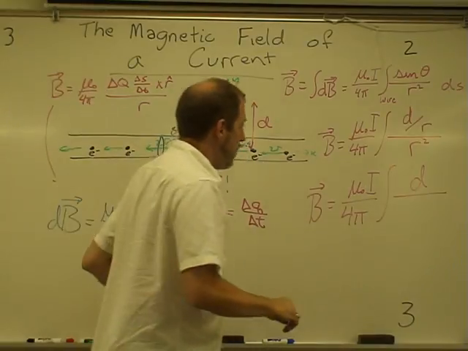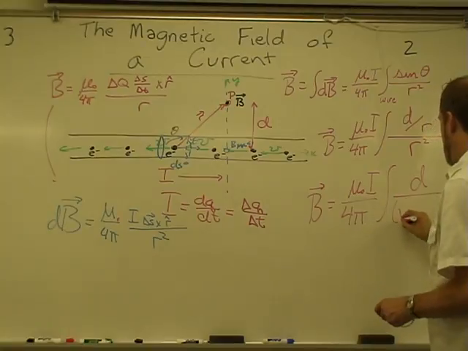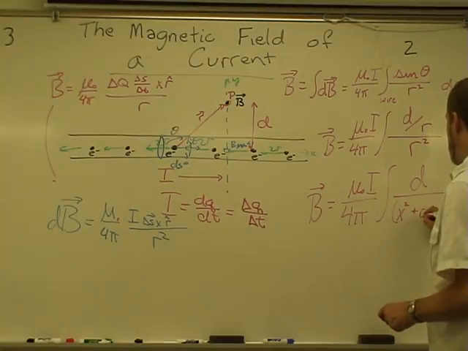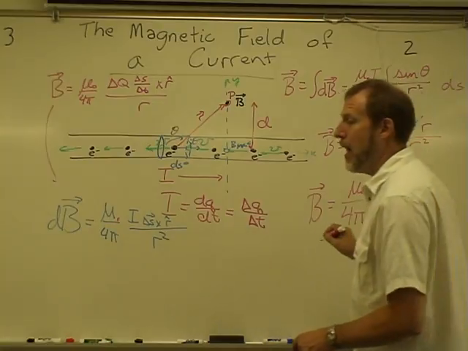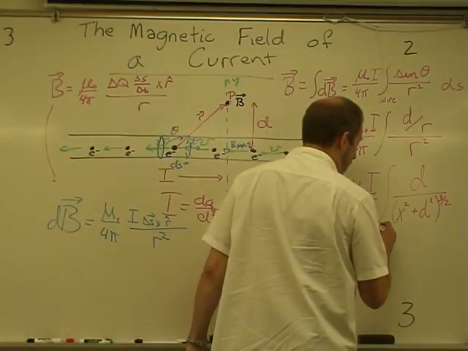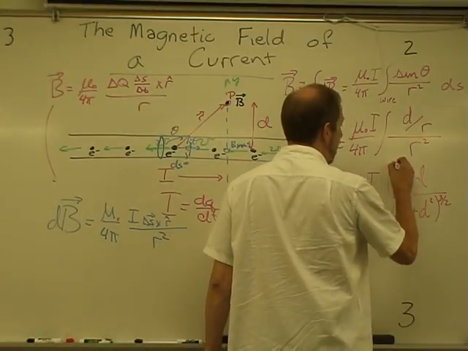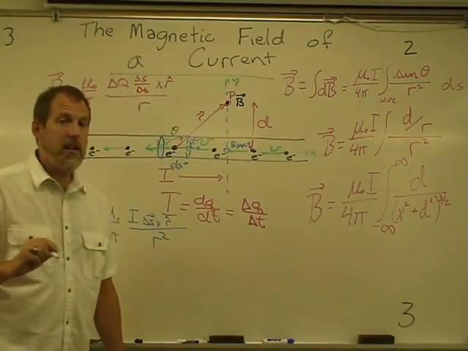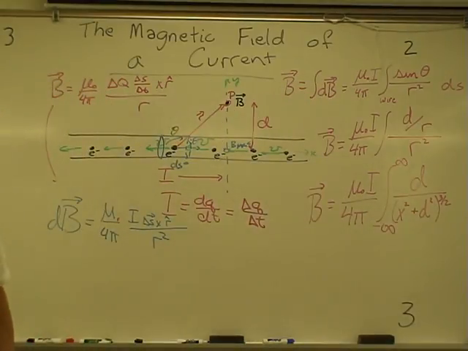So r is equal to the square root of x squared plus d squared, to the 3/2 power, integrated, if we assume this to be a very long wire because it makes the math easier, from negative to positive infinity. Then we have a wonderful opportunity here.